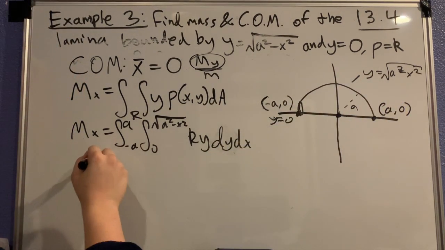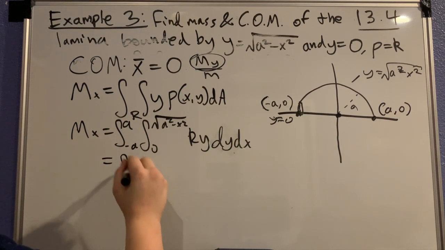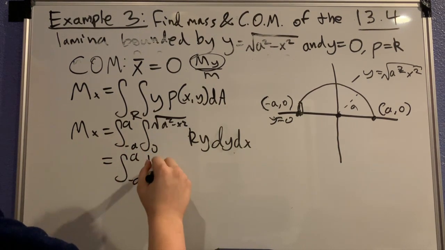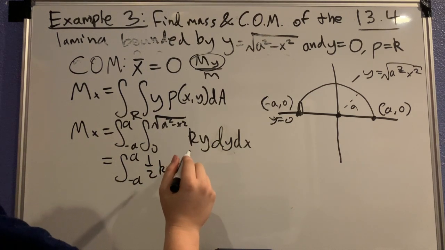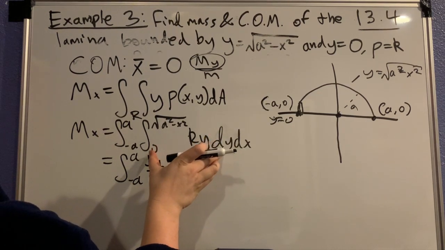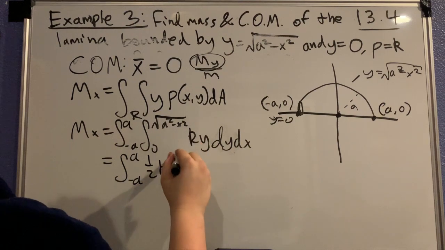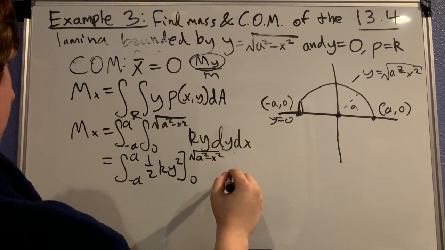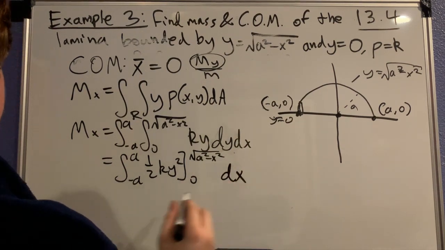So integrate the inside, and you get 1/2 ky squared, because the middle is with respect to y, from 0 to the square root of a squared minus x squared, and with respect to x.